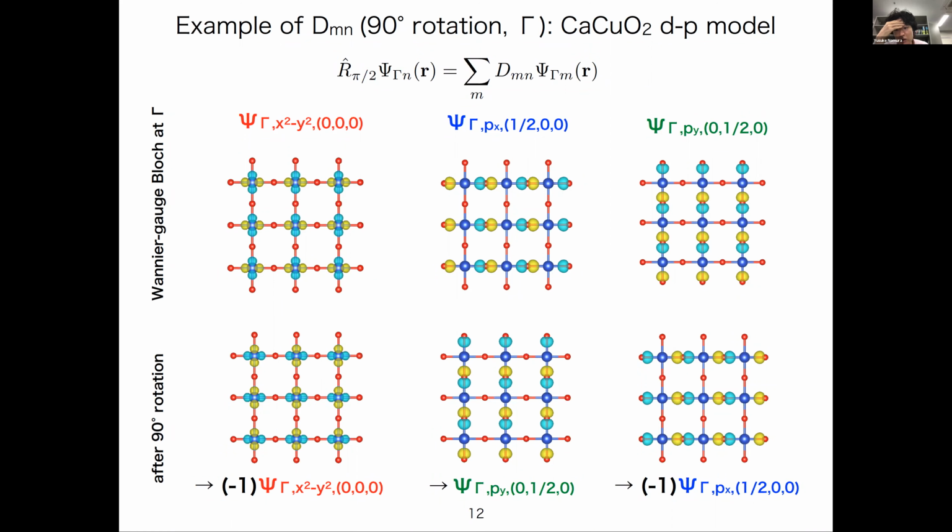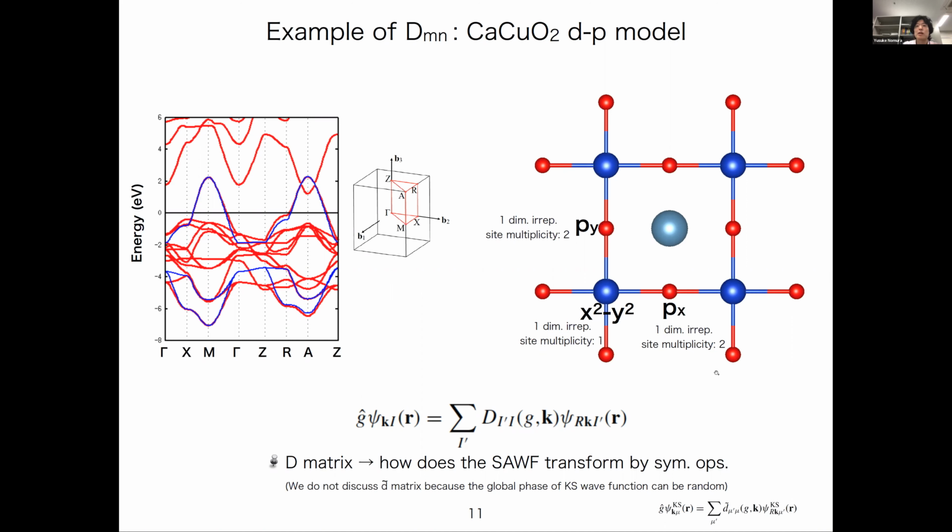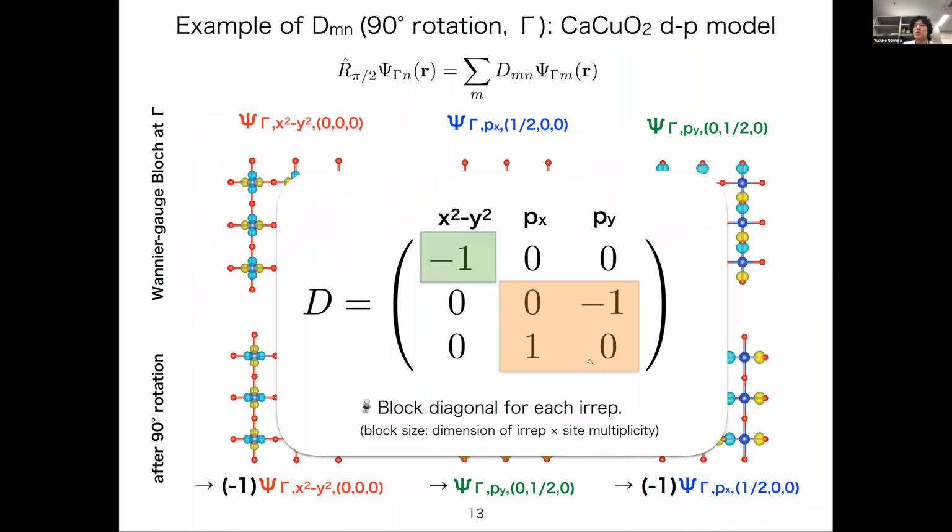So this px is the one-dimensional irreducible representation, but because we have the multiplicity of 2, then we have the 2 by 2 matrix here. Okay. So the block size is given by the dimension of irreducible representation times site multiplicity.